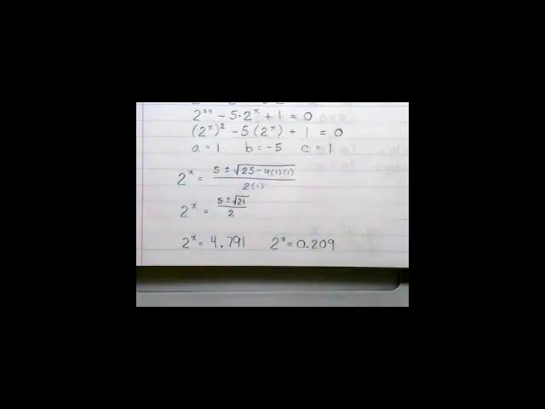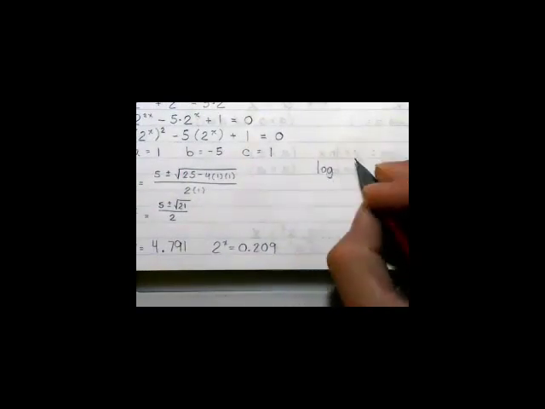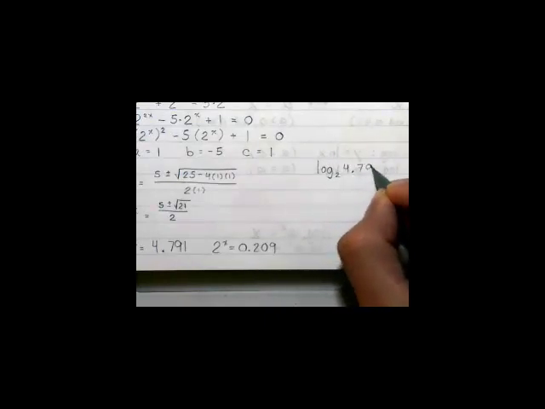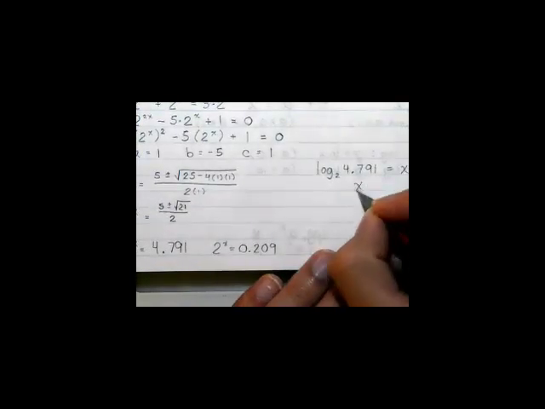So I'm just going to switch these both into log equations over here. So log base 2 of 4.791 is equal to x, which is log of 4.791 divided by log of 2, 2.26.